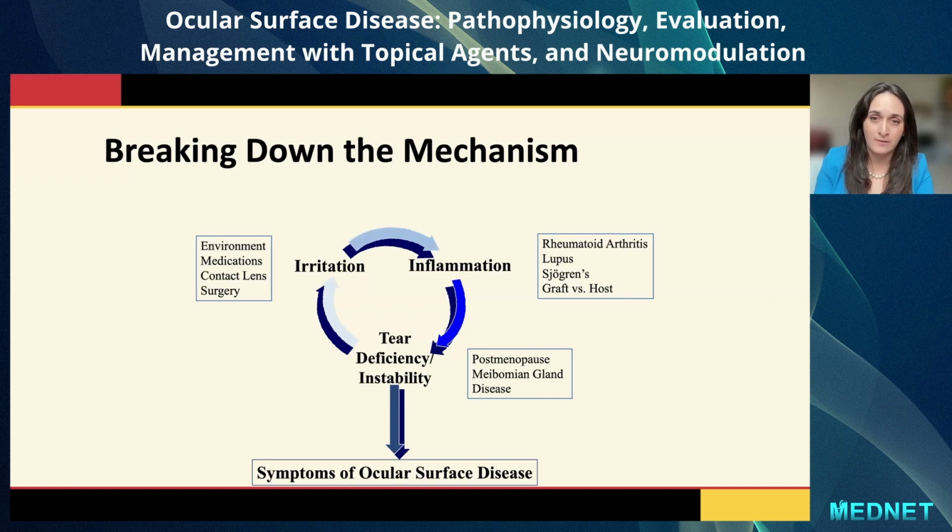You want to think about the inflammatory component, whether there's an underlying medical cause or a medical history that's important to note. And then you also want to think about other components that can cause tear deficiency, like hormonal imbalances and meibomian gland disease. All of these come together to result in the symptoms of ocular surface disease.